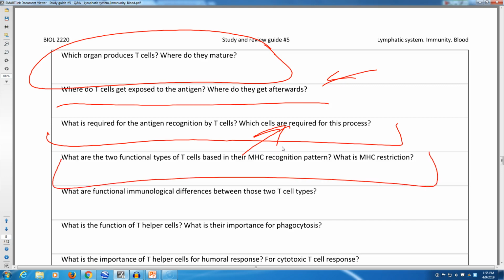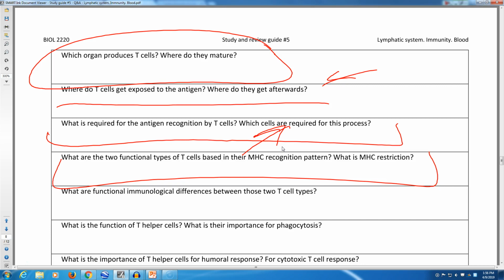Two functional types, so remember we talked about CD8 and CD4 cells. CD8 cells recognize type 1 MHC, and CD4 recognize type 2 MHC. That strict recognition pattern is called MHC restriction.